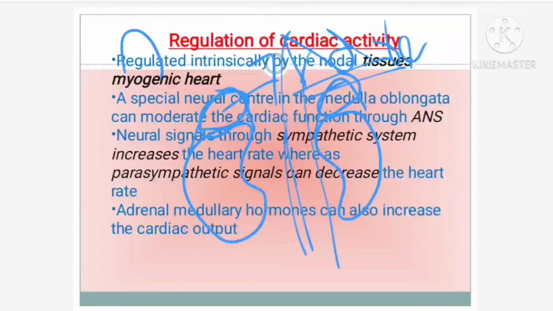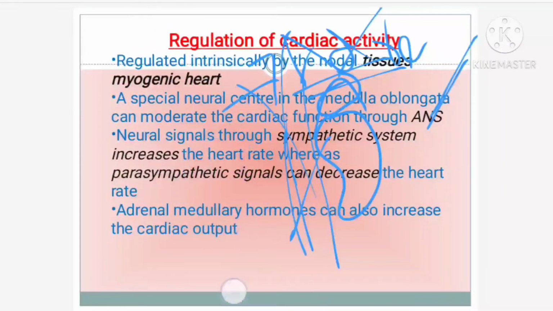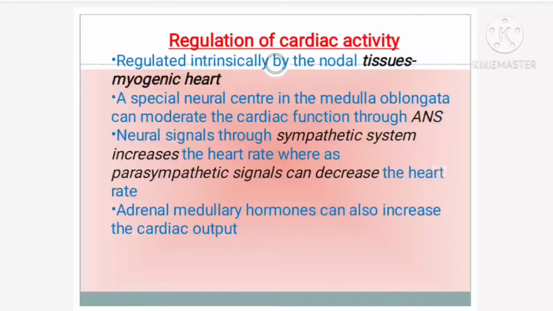So you can see all are interrelated: the hormones control the ANS, and the ANS controls the nodal tissue, because of which the heartbeat rate increases or decreases based on the conditions. Normally there is a cardiac regulatory center in the medulla oblongata which regulates the normal rate, but at times it increases and decreases based on the stressful environment. For that, hormones as well as the ANS play a major role.